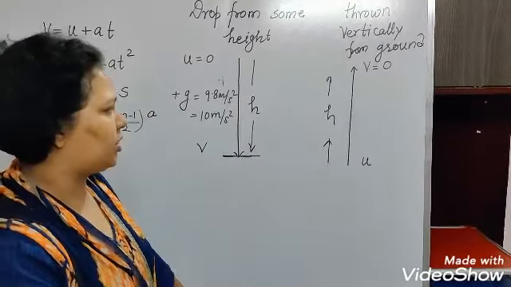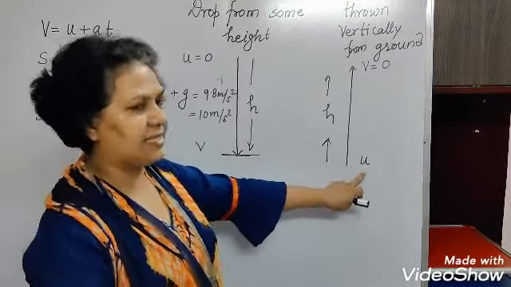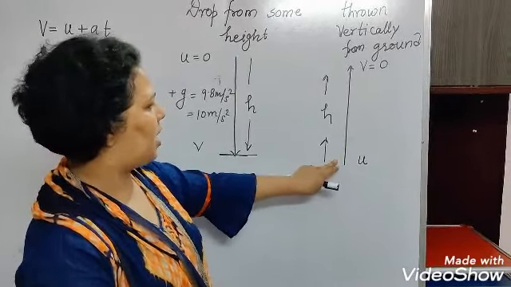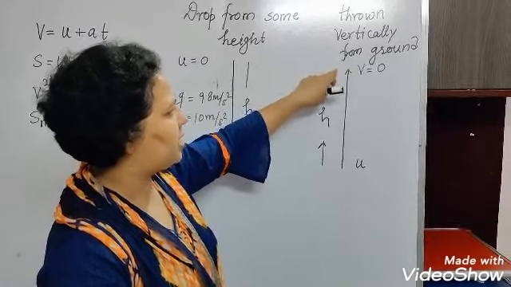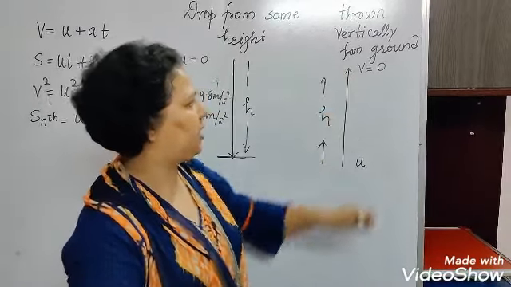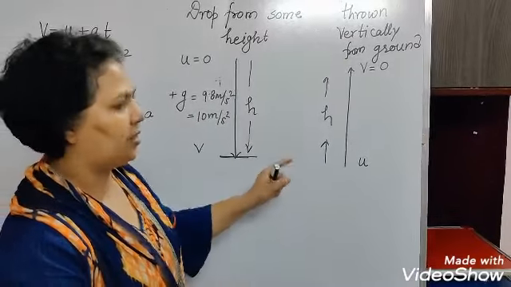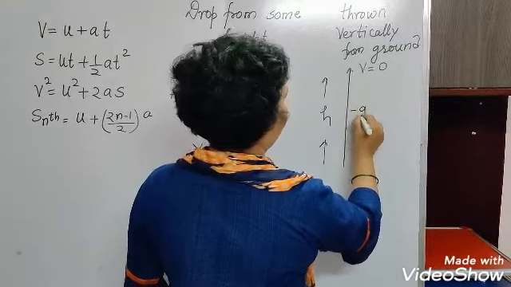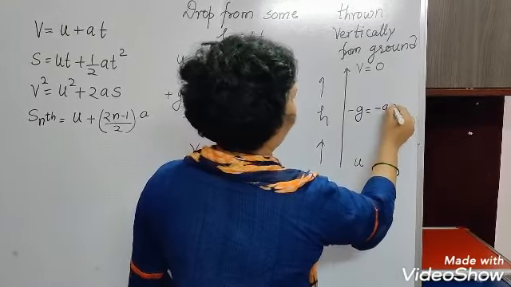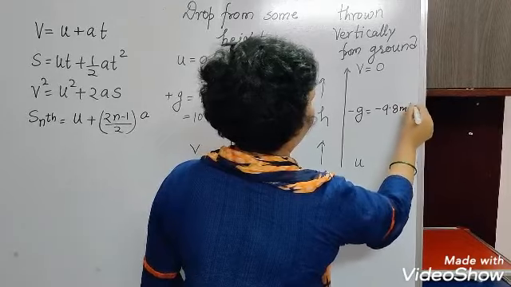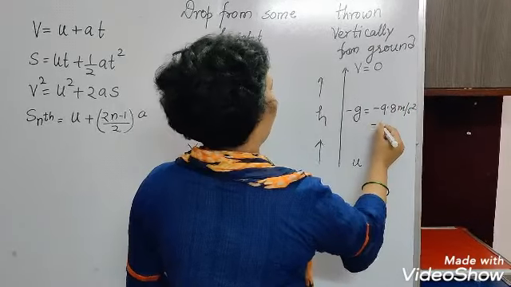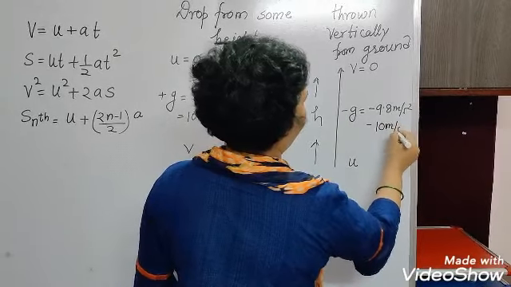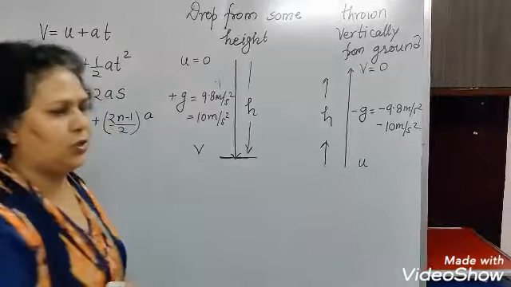That means negative acceleration is there, and this is minus g, or we can say minus 9.8 meter per second square, or for solving numericals, we sometimes take 10 meter per second square also, that is also valid.